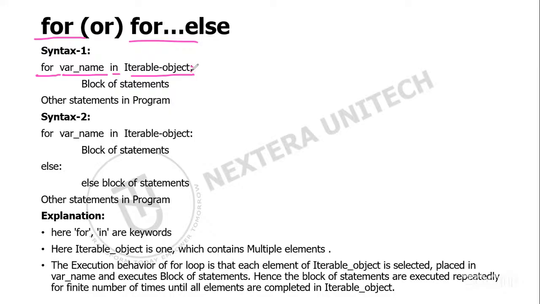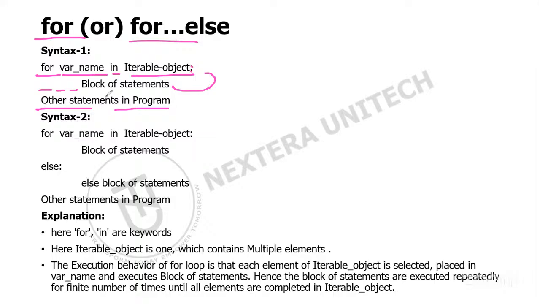Then indentation symbol. Once after you give indentation symbol, we'll have by default the 4 spaces coming in. We can have the block of statements. So these block of statements will keep on executing till the condition becomes false. And next to it, you can have other statements in the program.